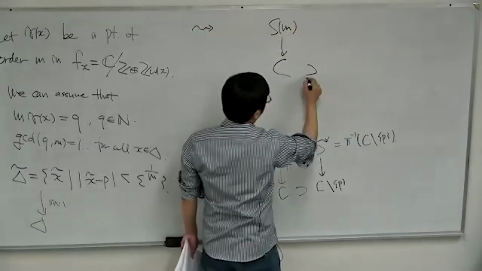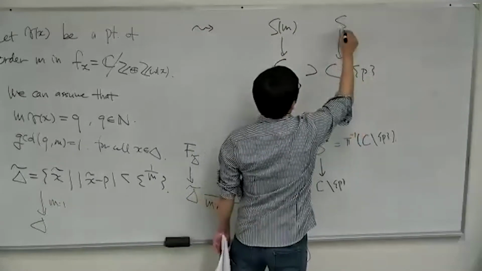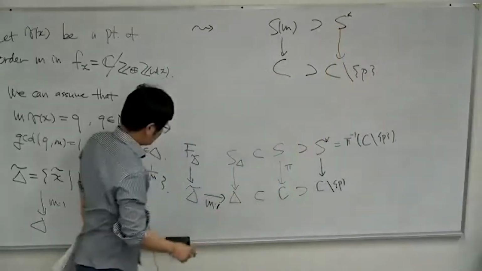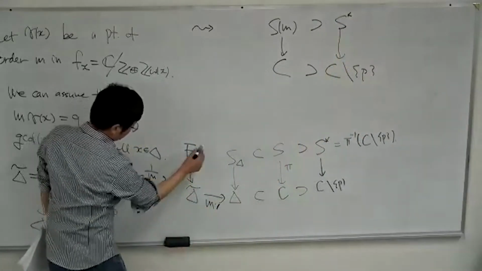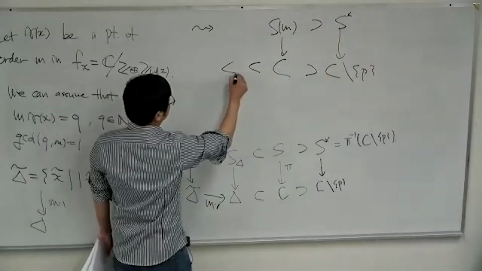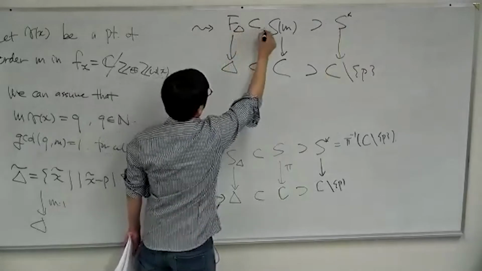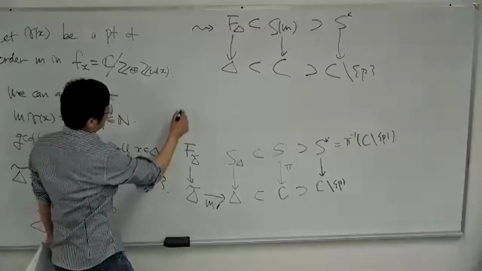So as I told you, I do not touch this part at all. So this is the same as before. But here I consider this surface and manipulate it in some way. So I consider some new surface which is isomorphic.